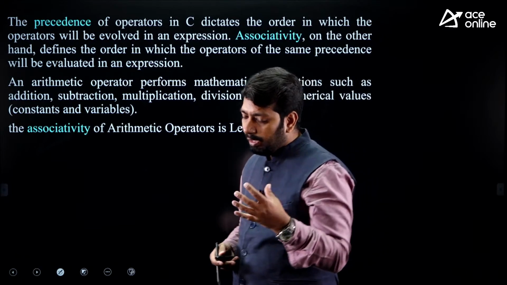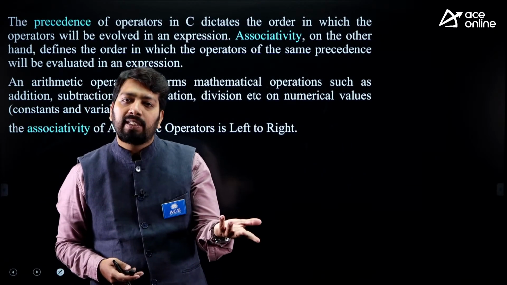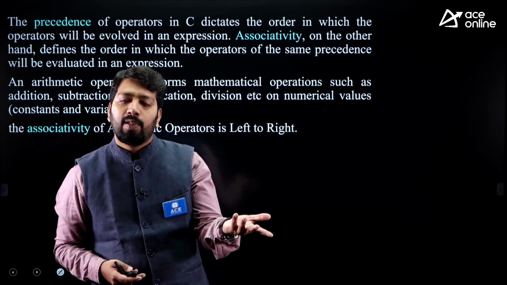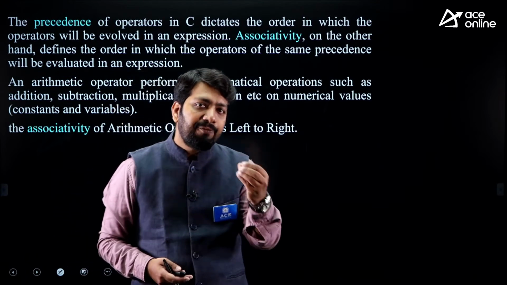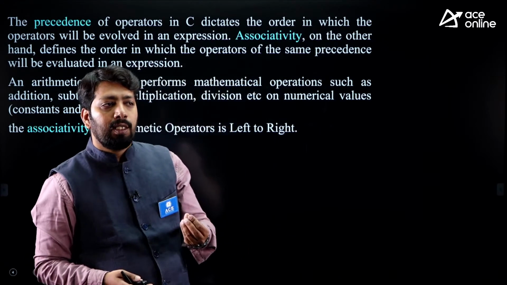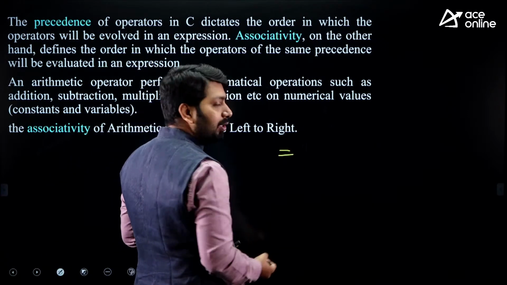Now you might be thinking, sir, plus, minus, multiply, divide, mod, all operations have left to right. So where do we use right to left associativity? There are very few operators which use right to left. For example, equal to uses right to left.